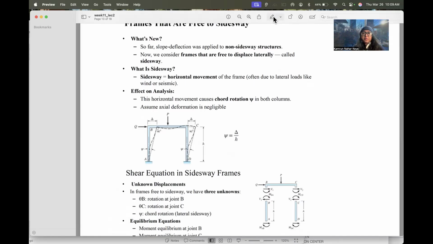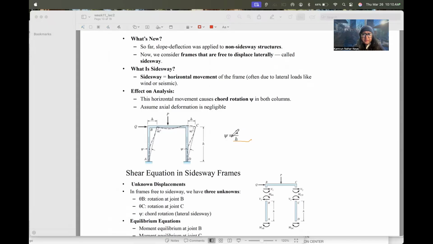The psi will be how much it deflects, divided by the height or distance of that bar.